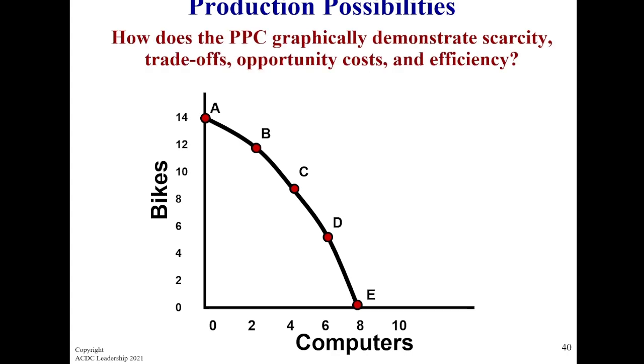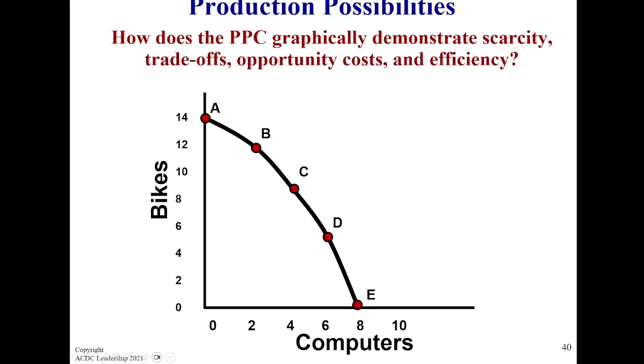So how does the PPC graphically demonstrate the scarcity, trade-offs, opportunity cost, and efficiency? We'll go over this topic now. But essentially, first let's talk about scarcity. There's a scarce amount of resources. So A, B, C, D, or E is the max we can produce.